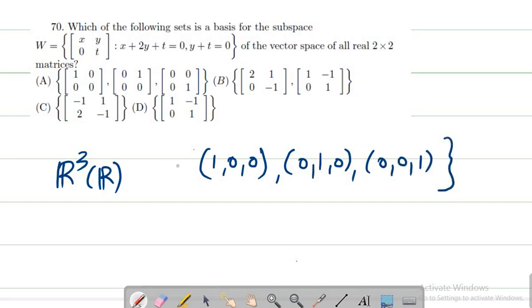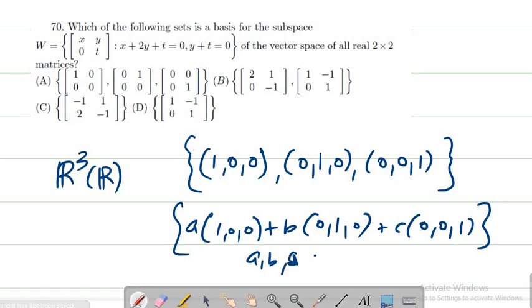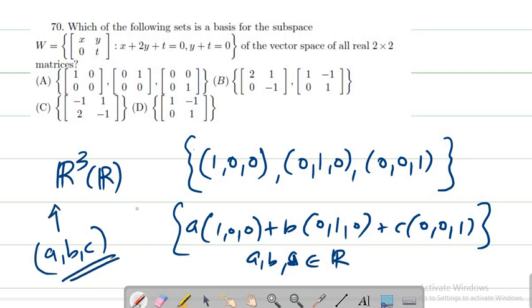This set is a linearly independent set, and if you take all the linear combinations of these vectors, a times 1 0 0 plus b times 0 1 0 plus c times 0 0 1, with a, b and c all belonging to R, then you get all triplets a, b, c, which means it's nothing but R3. So this S is basically a basis.